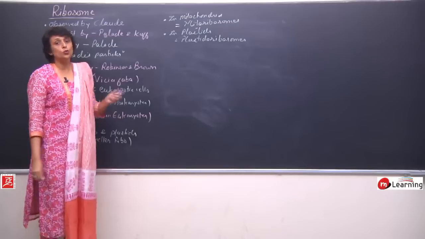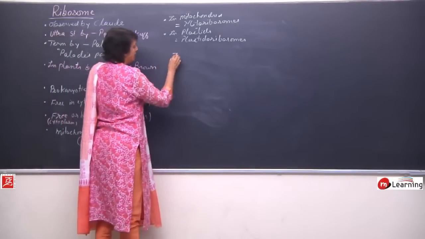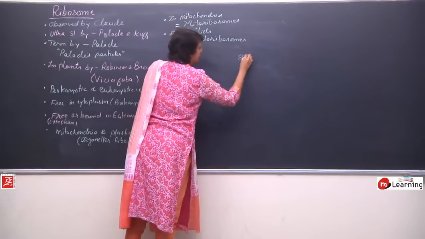Ribosomes are of two types on the basis of their sedimentation coefficient, 70S type and 80S type.